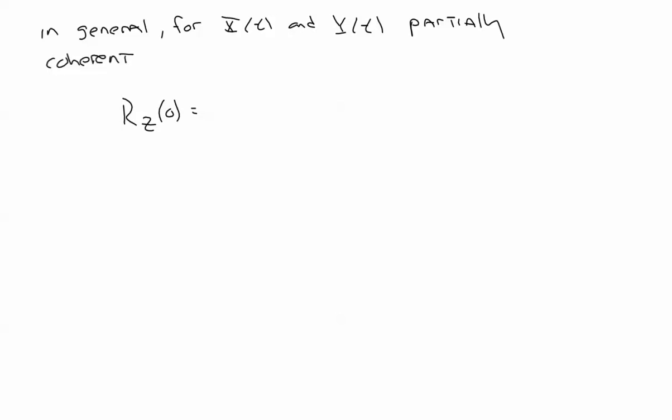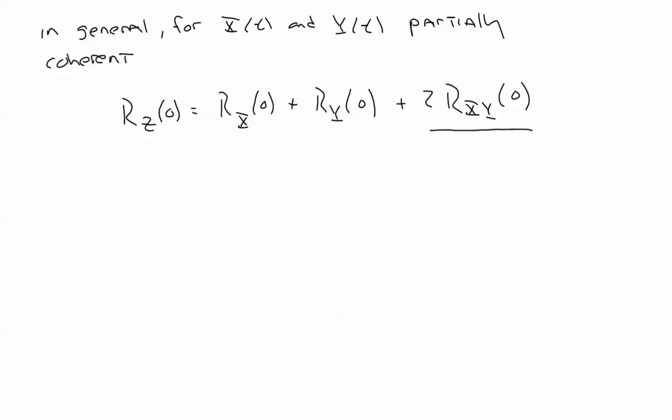The normalized power in Z equals the normalized power in X plus the normalized power in Y plus 2 times the cross correlation function evaluated at 0. All right? This thing, the cross correlation evaluated at 0, is a measure of mutually coupled power.